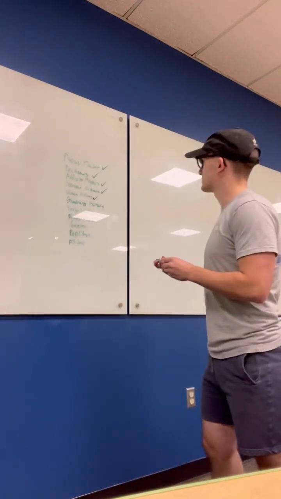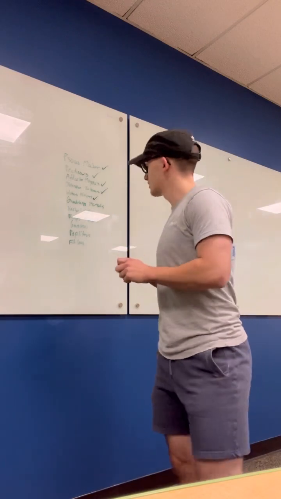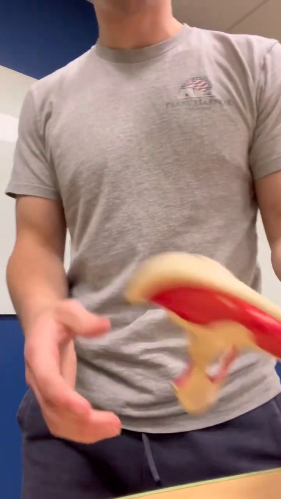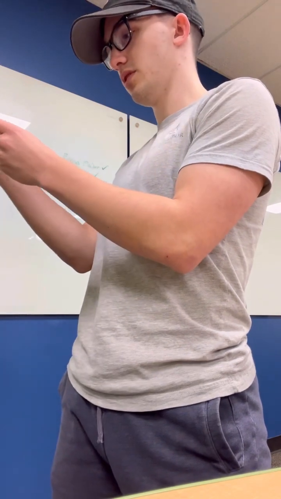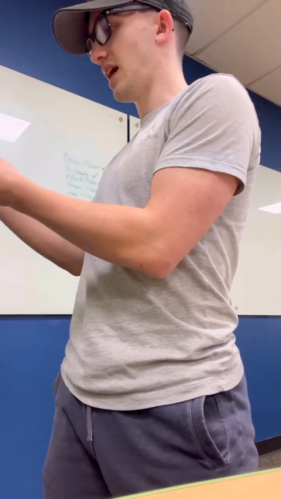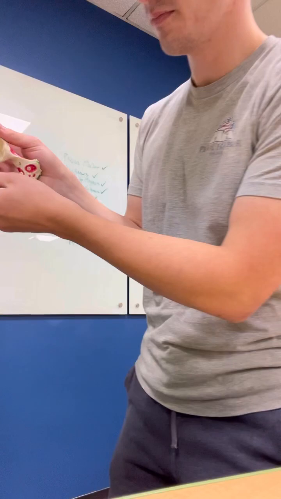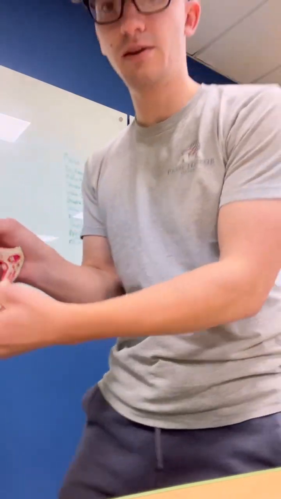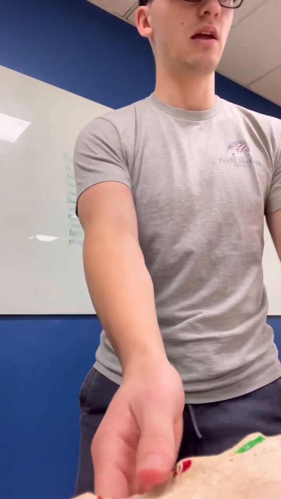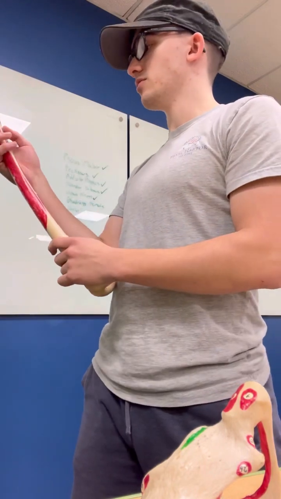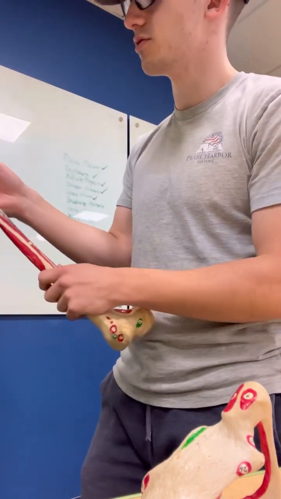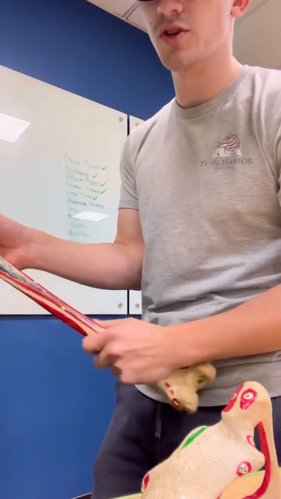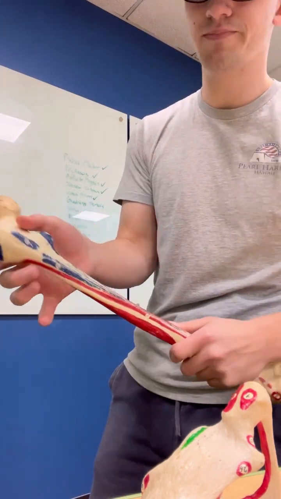For the quadriceps femoris, the origin is lateral to the ischial tuberosity, right here, which is number 15 for the origin. And then on the femur, it's the intertrochanteric crest for the insertion for the quadriceps femoris, which is right here.